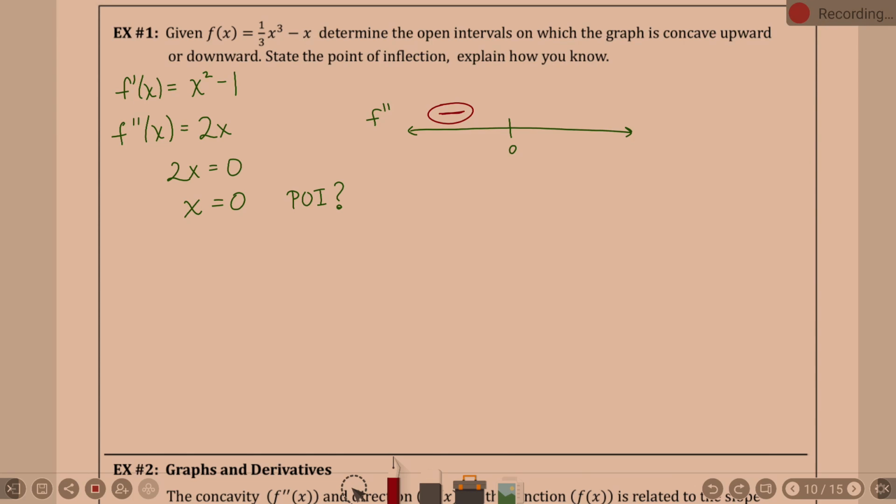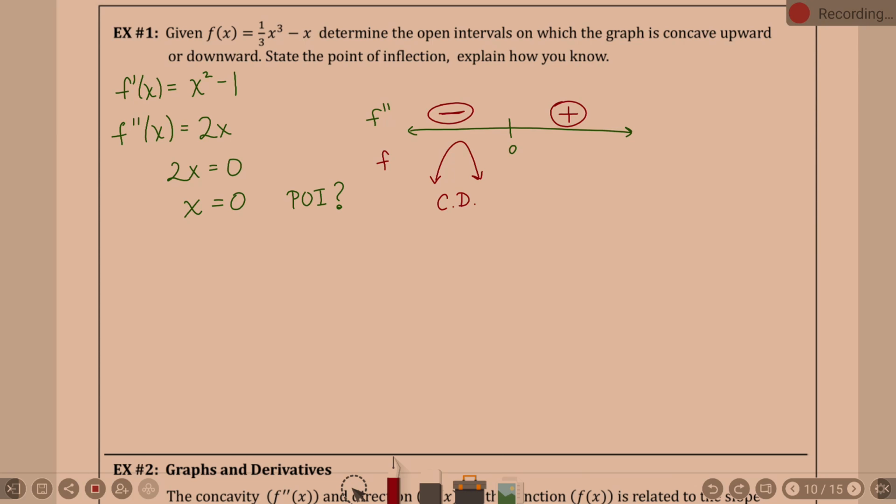What does negative mean in terms of a second derivative? Down. That means the original graph, f, is concave down. If we plug in a value to the right of 0, so 1, 2 times 1 is a positive.